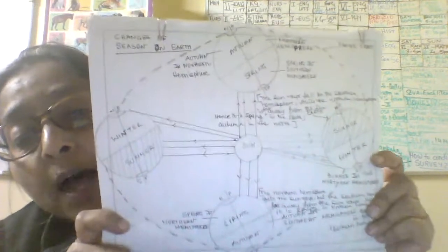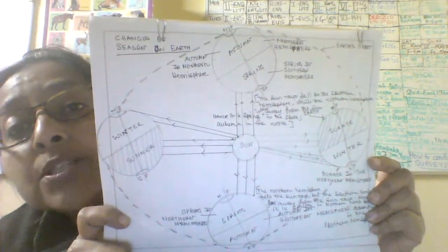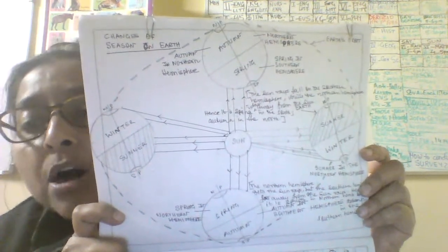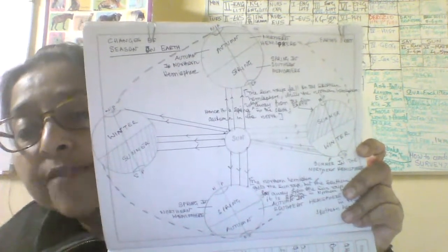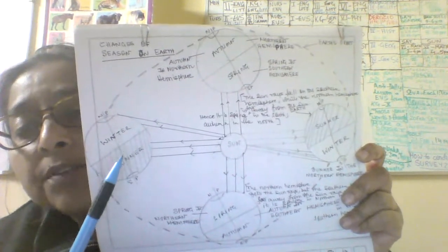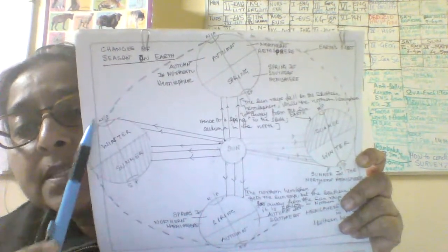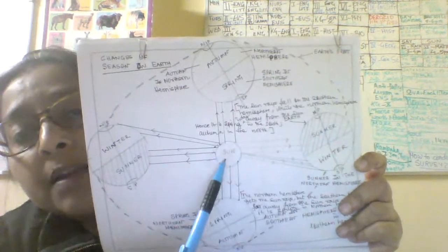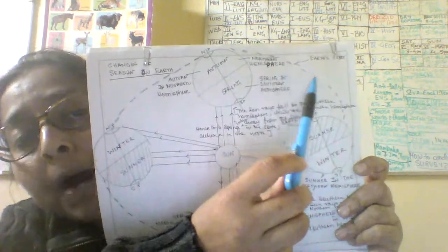All right, children, I am now going to explain to you how seasons are caused on the earth. Seasons are caused on the earth due to the revolution of the earth on its tilted axis around the sun in an elliptical path.